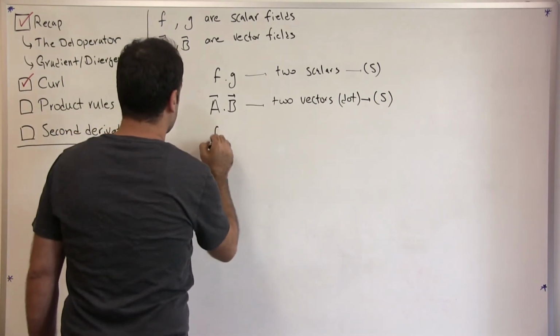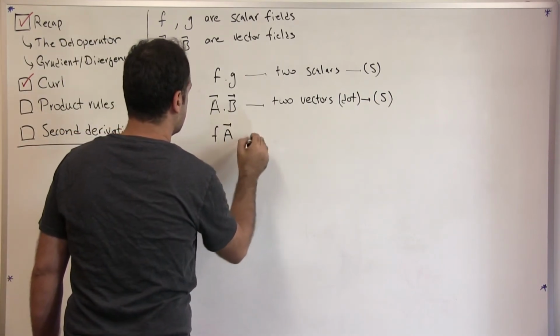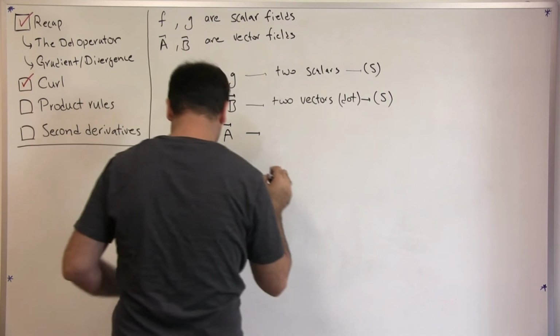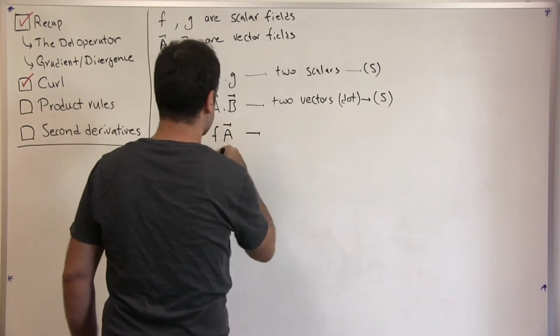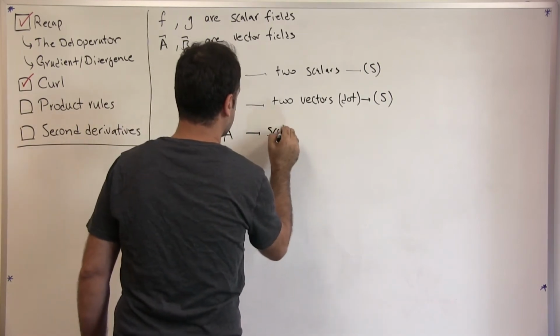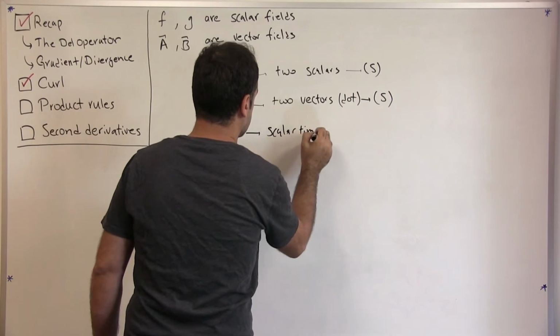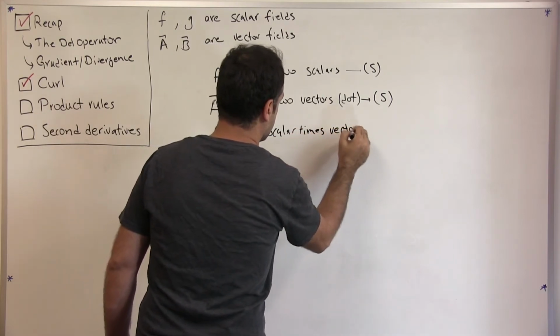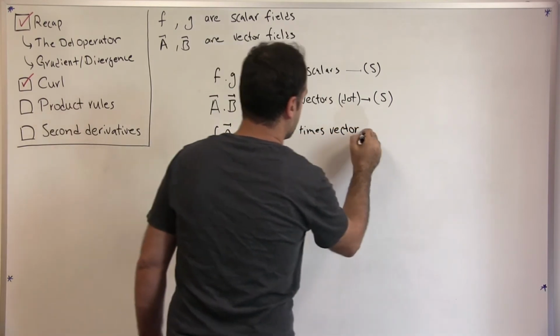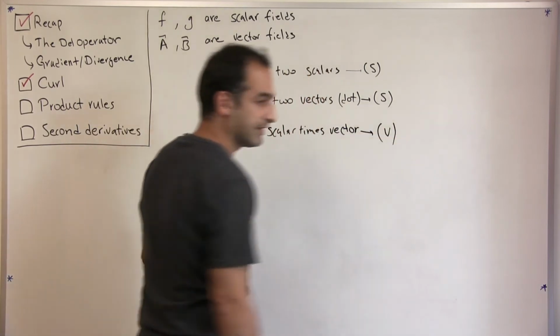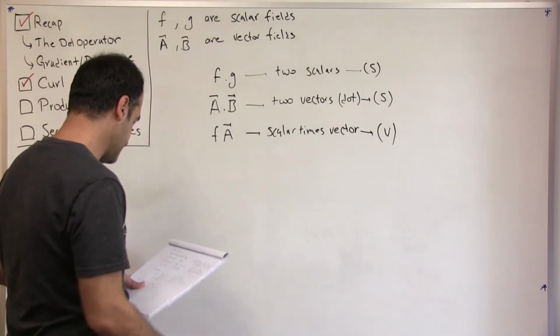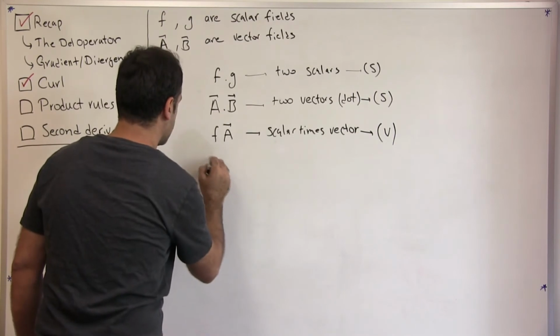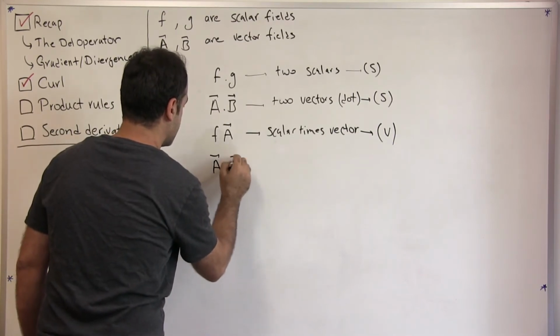Another way, F times A, is one scalar times a vector. So here I have a scalar times a vector, and that is giving me a vector. And the other one is the cross product of vector by vector.